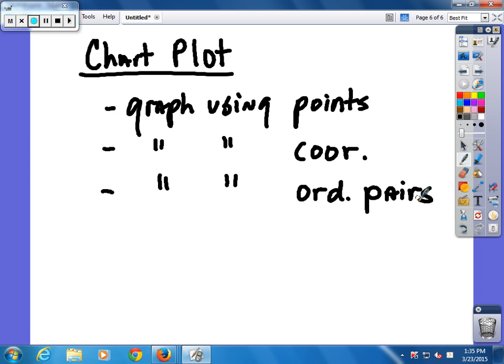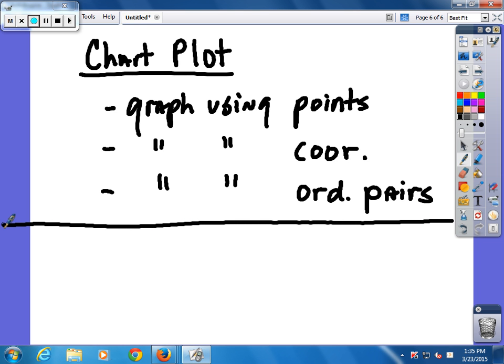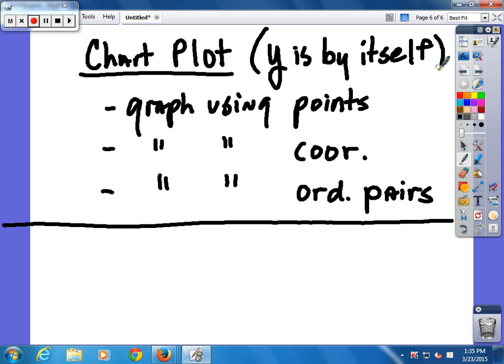You don't use the chart plot method when X and Y are on the same side. You don't use the intercept method when Y is by itself. There are different times you use different methods. The chart plot method is best used when Y is by itself, or the directions say one of these 3 things. If it just says graph, then you use the method you want.